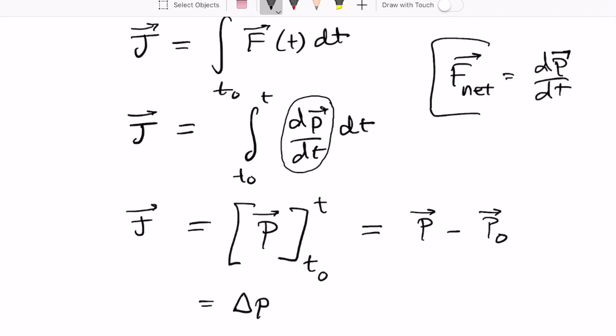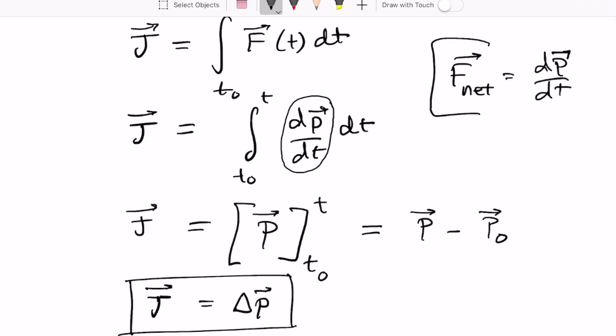The definition of delta, which is change, is just final minus initial. So you get this very important relation that J, the impulse, is equal to the change of momentum, and that is the connection between impulse and momentum. Impulse is equal to the change of momentum. All right, so that's the impulse momentum theorem.